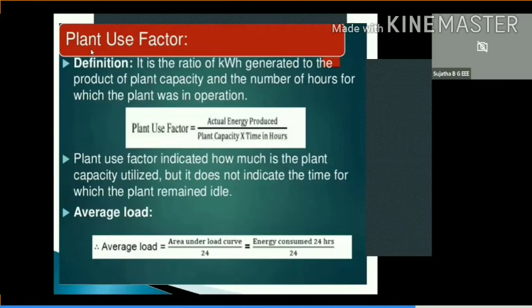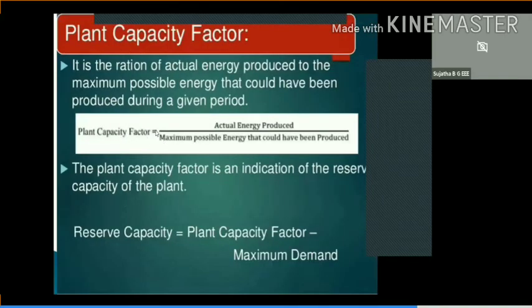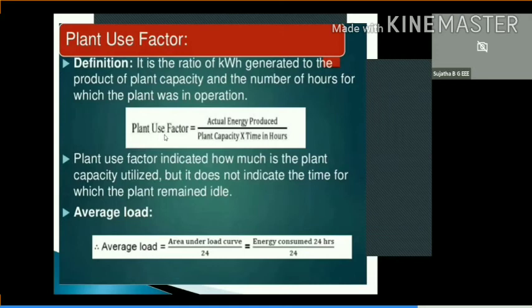Then what we have is plant use factor. It is the ratio of energy generated to the product of plant capacity and the number of hours for which the plant was in operation. Look at this, it is different from the plant capacity factor. This definition is with respect to use.